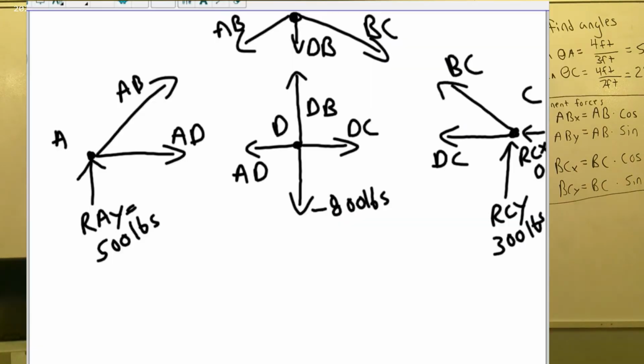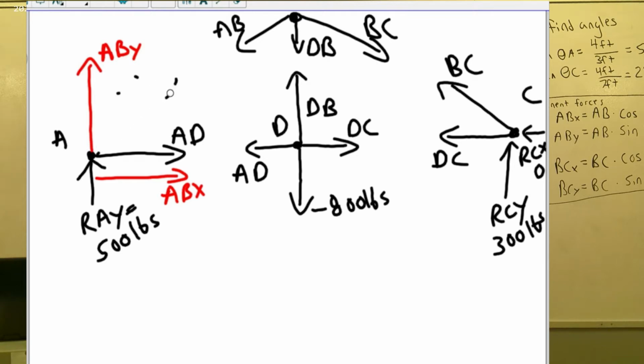I know that AB is acting in an upward and a right direction. So I'm going to have an x component and a y component of AB. So we'll draw this as ABY, and we'll draw this as ABX. And that allows me to now erase AB. I have replaced it with its x and y components. So I'm going to erase it so I don't have confusion.